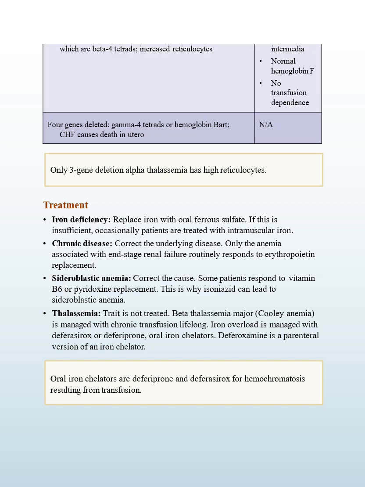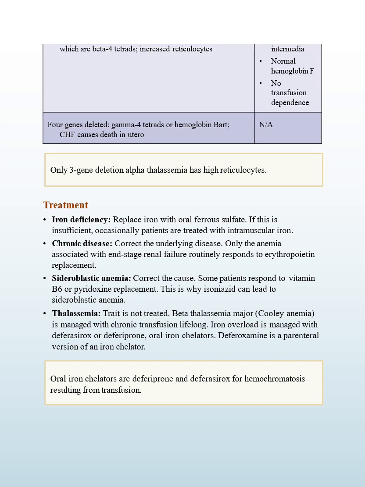In case of iron deficiency, we replace iron with oral ferrous sulfate. If this is not sufficient, we treat the patient with intramuscular iron. If we have a chronic disease, we need to correct the underlying cause.